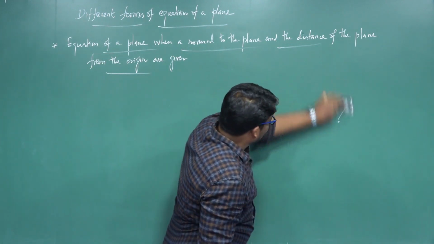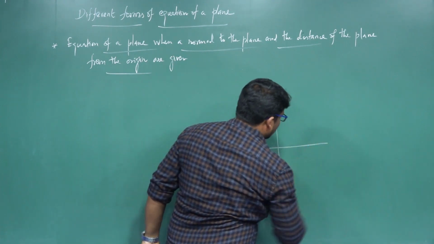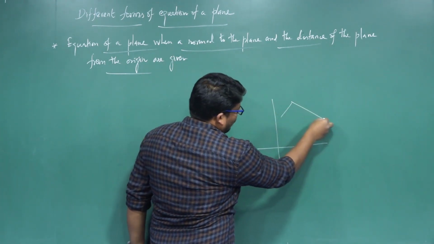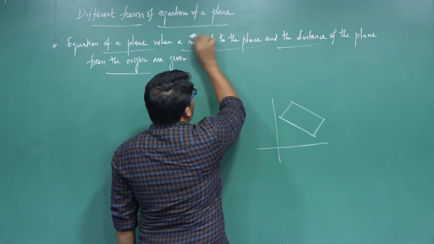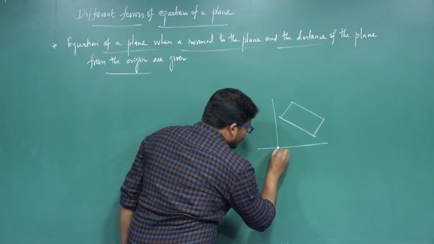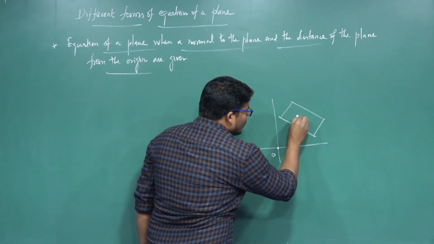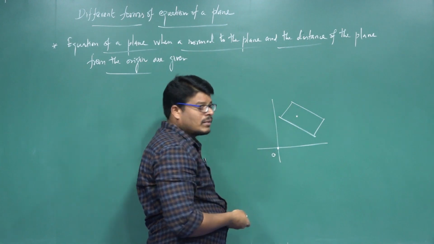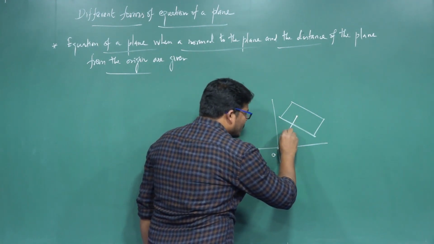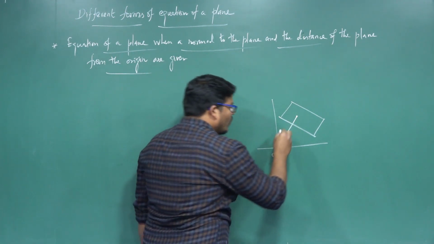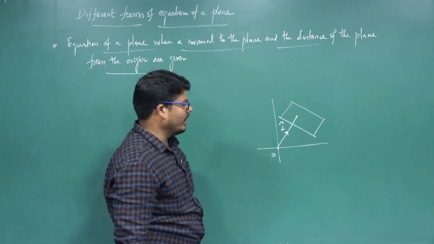So what is given? The normal and the distance are given. The normal to the plane is the straight line perpendicular to the plane, with O the origin. Call the normal vector d cap; d cap is the unit normal vector.